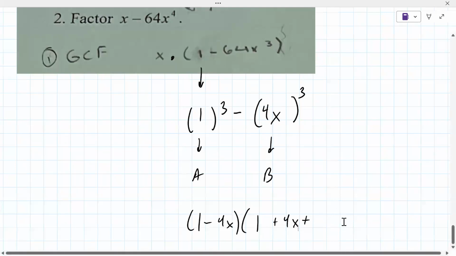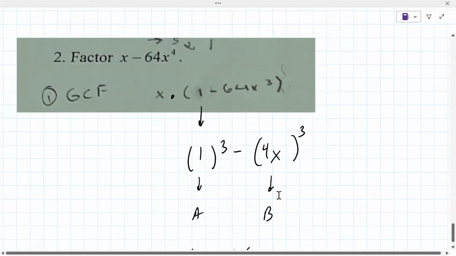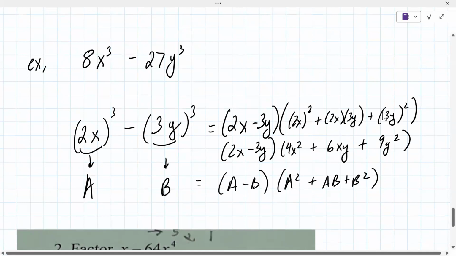What does that become? 4x squared or square? Well, we just did a couple, right? Like you write it in parentheses with the square, parentheses with the square. Then you have to simplify.